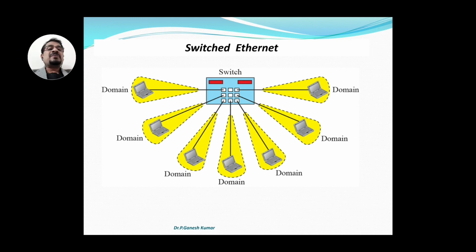If a particular device can send 10 Mbps of data, then with 20 devices, 10 sending and another 10 receiving, altogether we could achieve 100 Mbps of data rate.